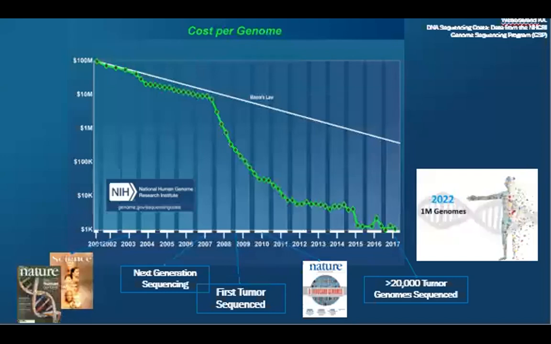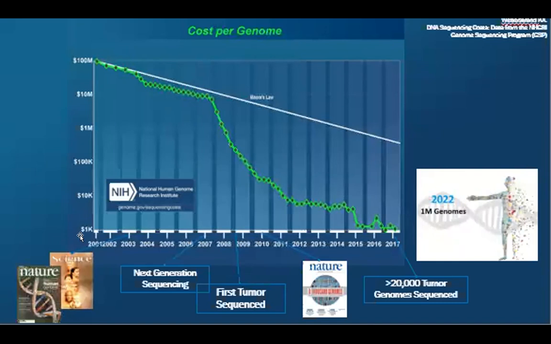With the advancement in next generation sequencing over the past few years, according to Moore's law, which says we can expect the speed and capacity of our computers to increase every couple of years, we will pay less to do a full genome sequencing.